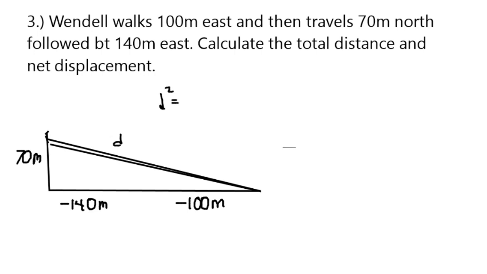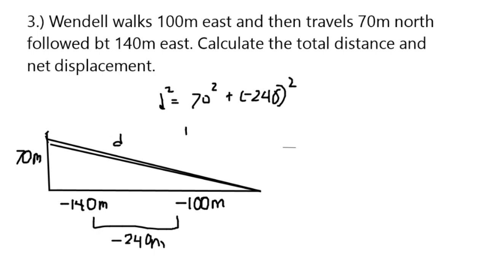Calculating the displacement, this squared is equal to the sum of the squares of the legs: the other leg, which is negative 240 meters, so 70 squared plus negative 240 squared. 70 squared, what is 70 times 70? It's 4,900, no, 1,400. I thought I was going to add more zeros.